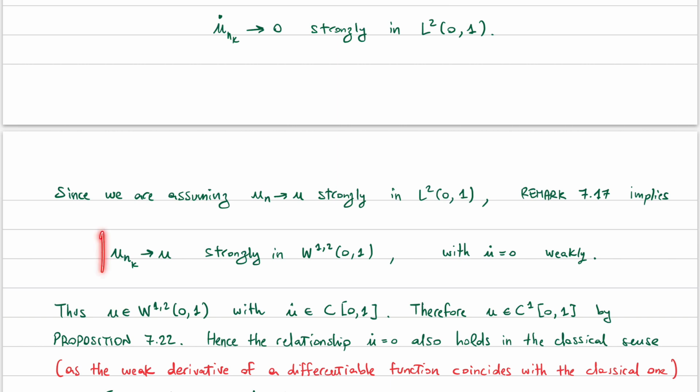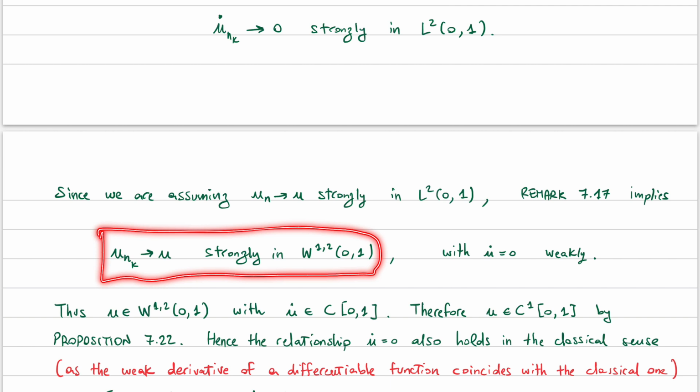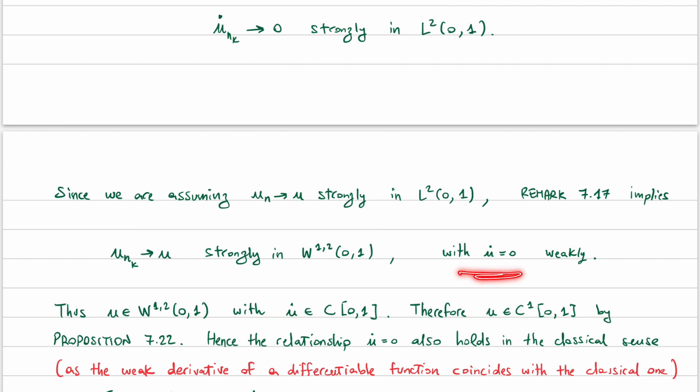So this is telling you that u_nk converges to u strongly in W^{1,2}, and also that u dot is equal to 0, exactly that the weak limit of this guy is equal to 0. So u dot is equal to 0 weakly.